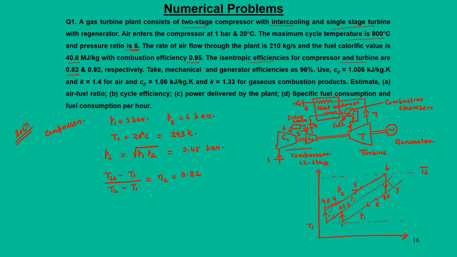And we also have isentropic relations, T2S by T1 is equal to (Pi by P1) to the power (k minus 1) by k. So, here k is equal to 1.4 for air, and Cp for air we can write 1.005 kilojoule per kg Kelvin.